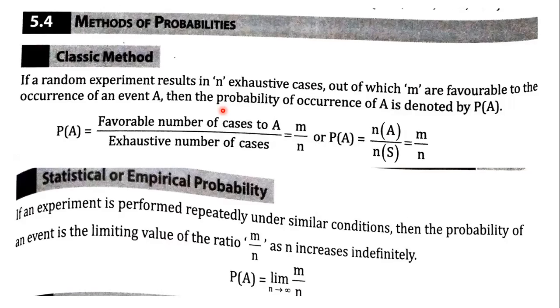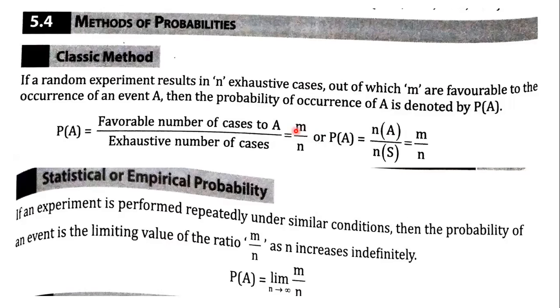And there is a formula directly to find it: favorable number of cases to A divided by exhaustive number of cases. Exhaustive number is nothing but the sample space. All the possibilities that you see are the exhaustive number of cases, and the favorable number of cases is, if I want head, how many times when I toss the coin I get head, that has to be counted.